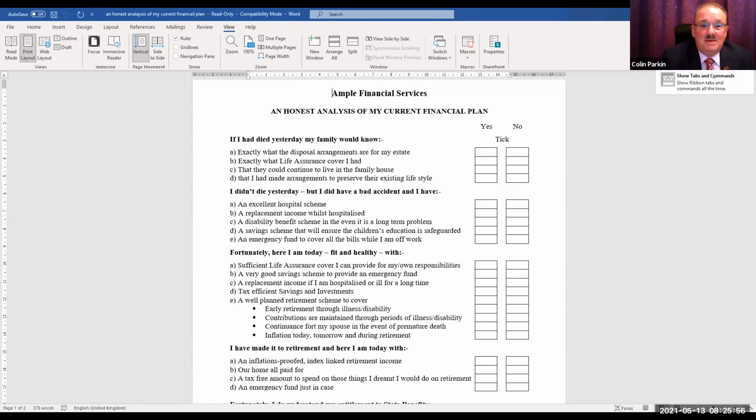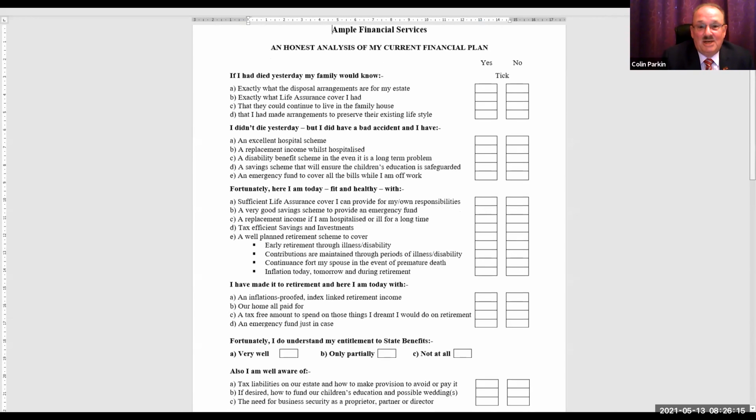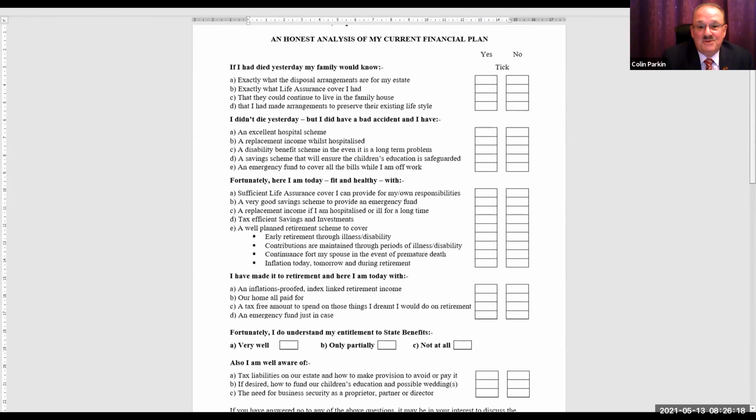So this is another example of a liability audit, and I've called this one an honest analysis of my current financial plan. There are a number of questions here that you can use in any kind of market, and it's just a simple matter of saying to a client, look, you've just got to answer yes or no to these.